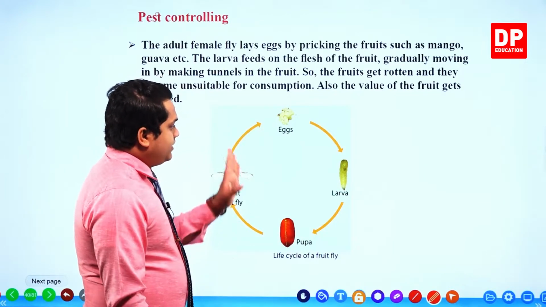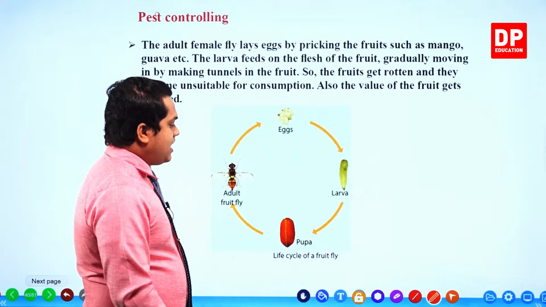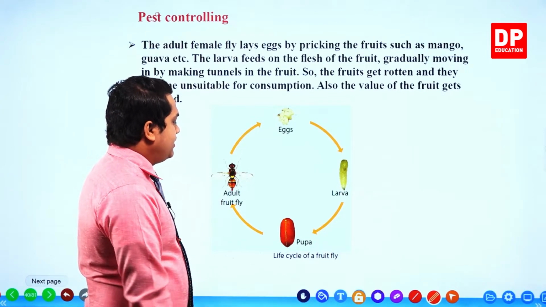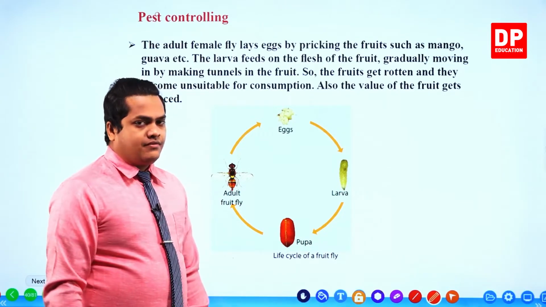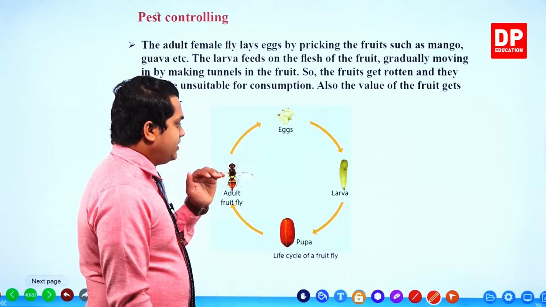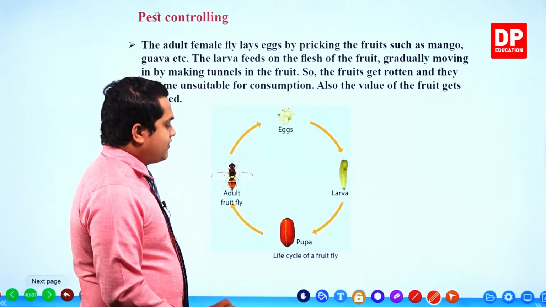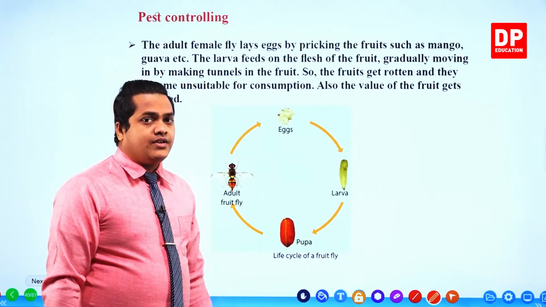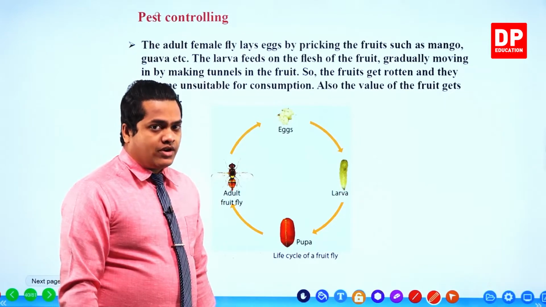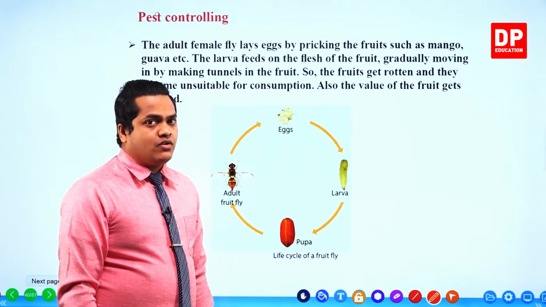So the life cycle can be observed like this, my dear children: eggs, larva, pupa, and then the adult fruit fly. The pupal cocoon can be observed within the life cycle of the fruit fly. So therefore I told you that this is an organism that undergoes incomplete metamorphosis.